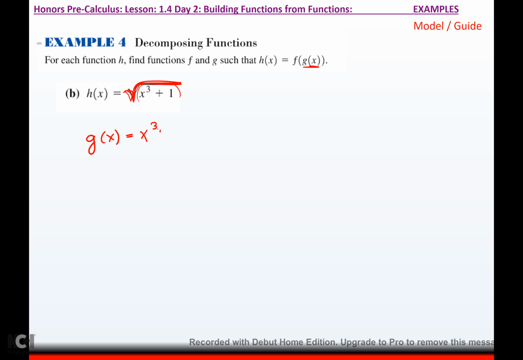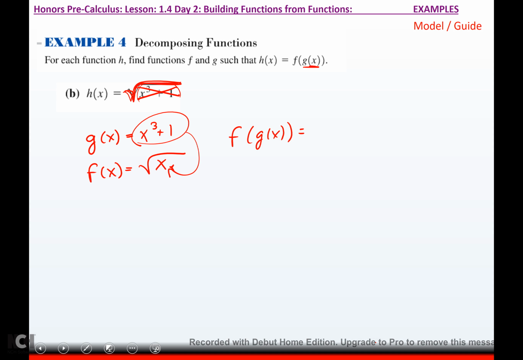That's going to be x cubed plus 1. Your bigger function, your f function, take this out and replace it with x. So there's my f function. Alright, and if I did f of g of x, I would take g and plug it into the f function. So it works. Okay?